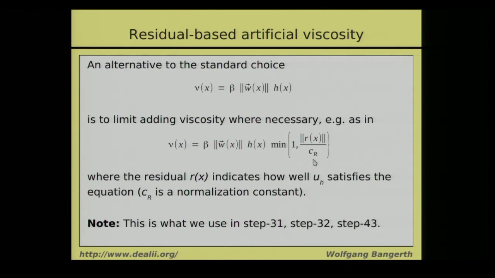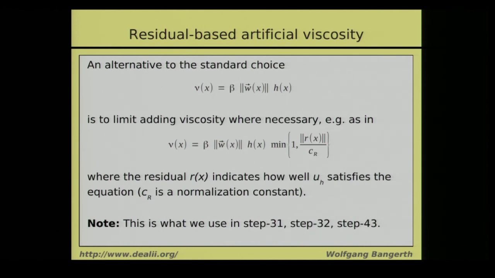And the idea goes like this: if the solution has a jump, then the residual is large. That's sort of an empirical observation. So if the residual is large, then this term is large here, and the minimum of 1 and large will be 1. So in that case, I get back the nu that we had before. So our artificial viscosity is exactly what it was before.